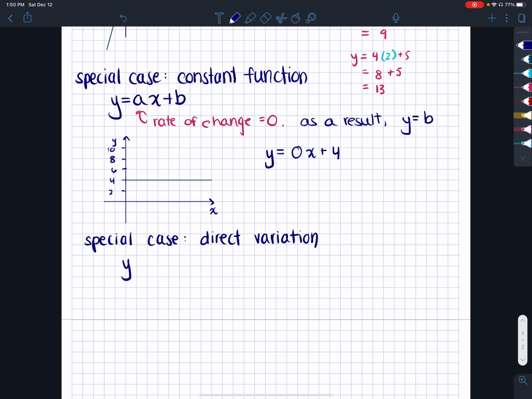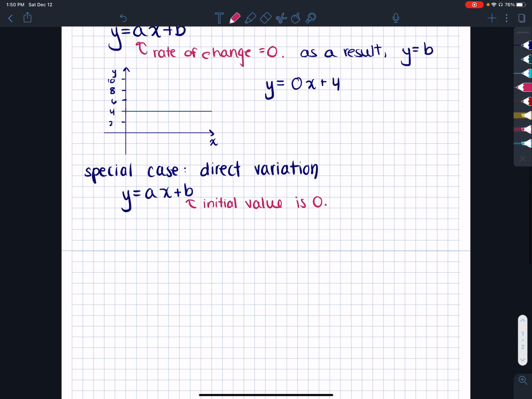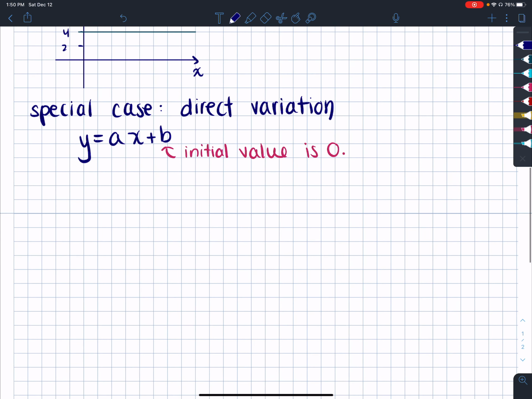So here again, we have our y equals ax plus b. What's special about the direct variation is that now initial value is 0. So you have a starting point of 0.